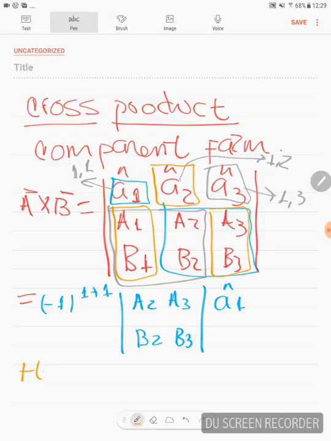So now we'll do this. This is plus minus 1. The index for A2 will be 1, 2, so this is minus 1 to the 1 plus 2. And let's call it the minor for the meantime. So the minor that we're left with is A1, A3, B1, B3. Okay?